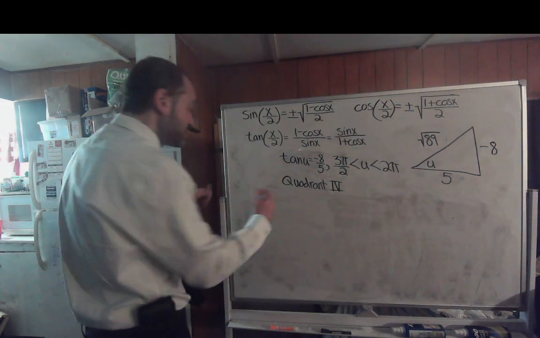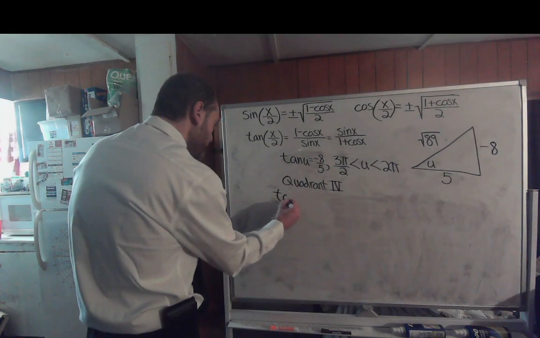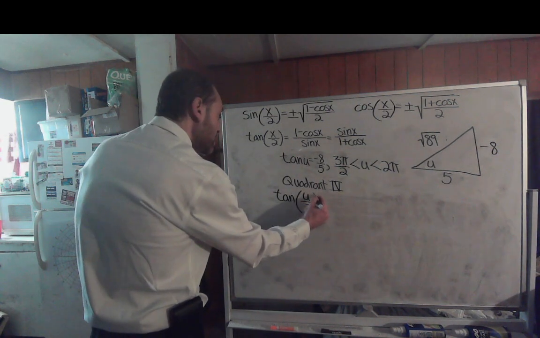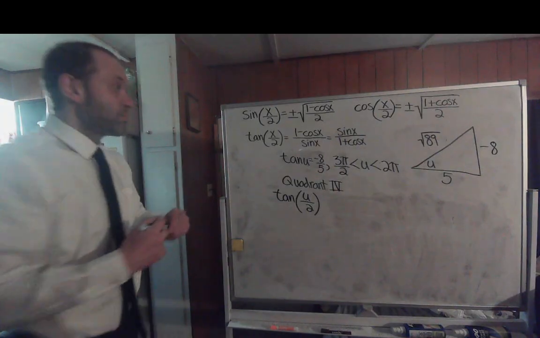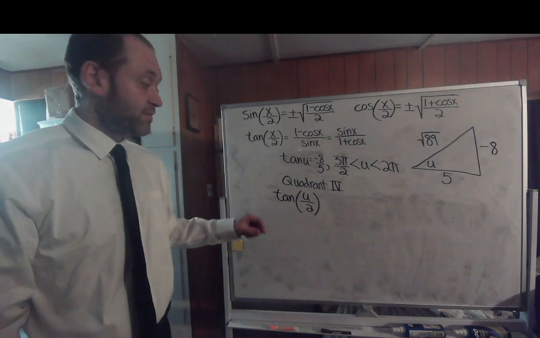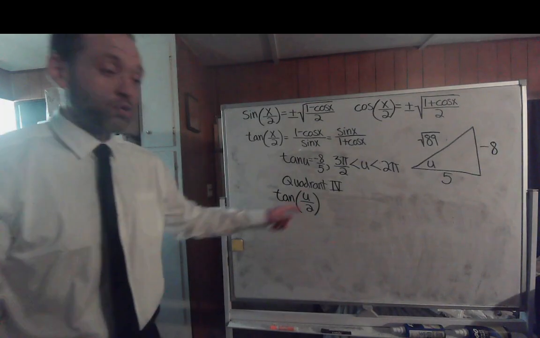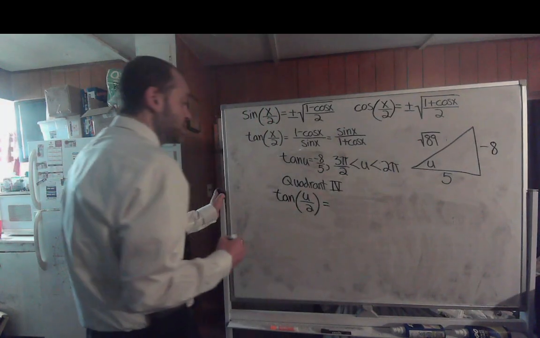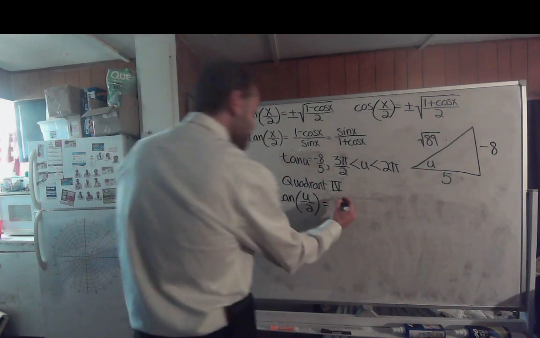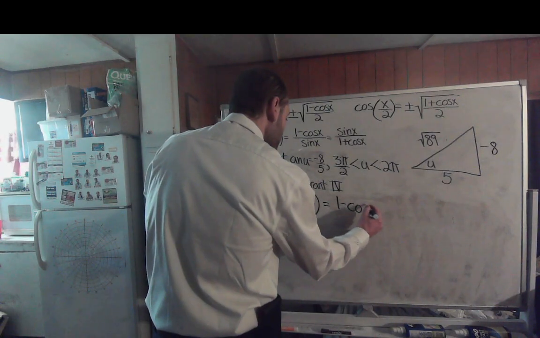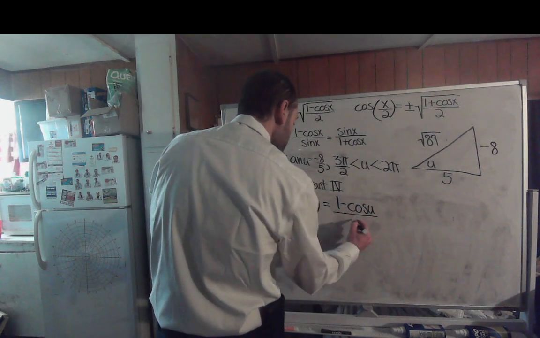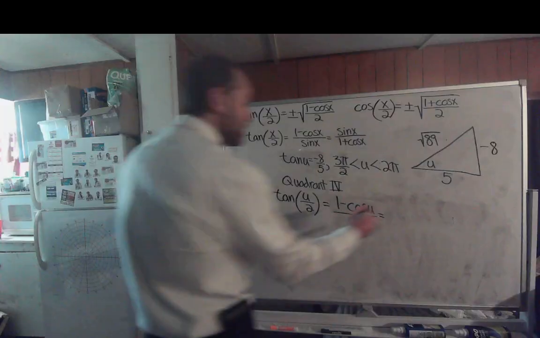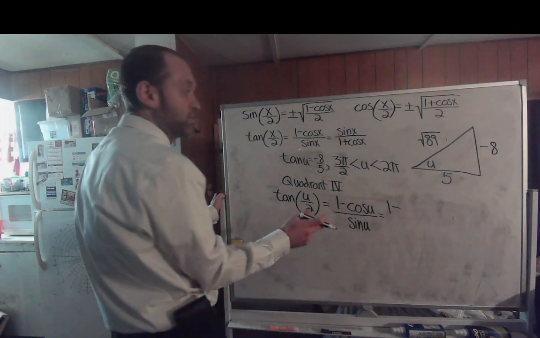Alright, and you guessed it, we're going to find the tangent of u over 2. Again, half of a fourth quadrant angle is a second quadrant angle, so we should get a negative result on the tangent. So let's use the 1 minus the cosine of u formula all over the sine of u. Okay, so 1 minus, what is that value of the cosine of u?